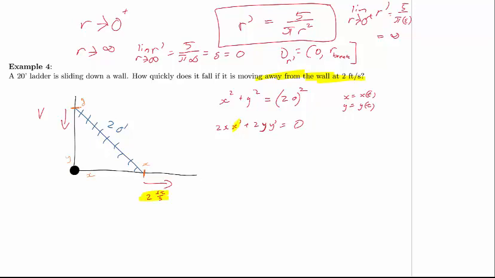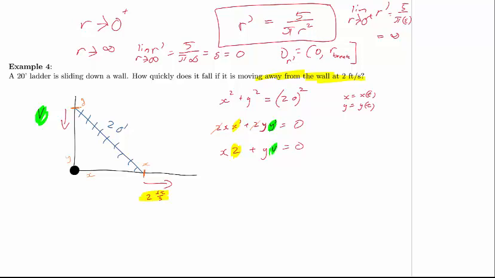Y prime, that's an unknown, but we're calling it v. Okay, and so also note we can cancel this 2 and this 2 out since we've got a 0 over here. All right, so let's go ahead and plug everything. We got x times 2 plus y times v, and that all equals 0.